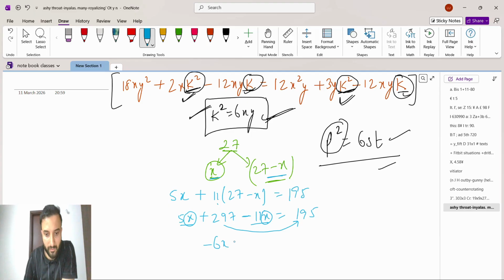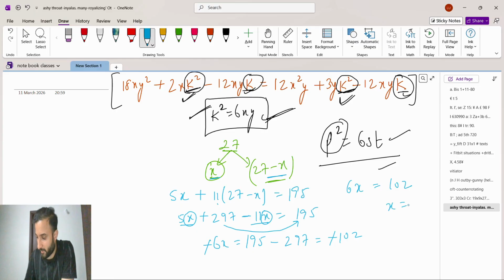So minus 6x equals 195 minus 297, which is minus 102. Minus minus cancels, so 6x equals 102. x equals 102 divided by 6, you will get 17.